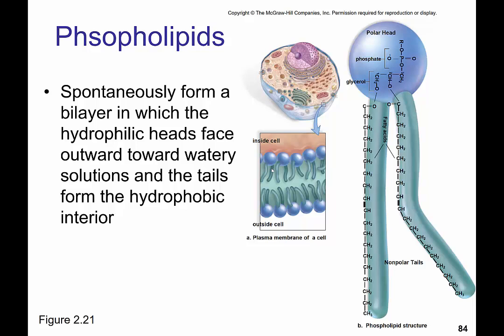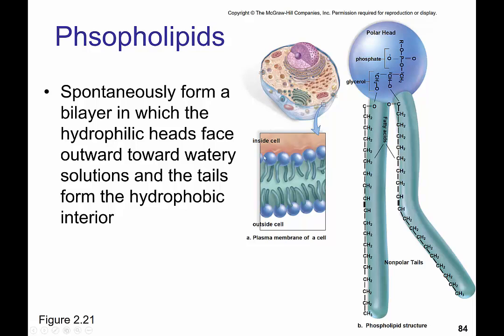When we look at plasma membranes in later units, we'll see this again. But the polar head, remember that water is a polar molecule, and so there's some kind of charge there. So this is going to be hydrophilic, or water-loving. So the interior and exterior of a cell typically have water, or an aqueous environment.